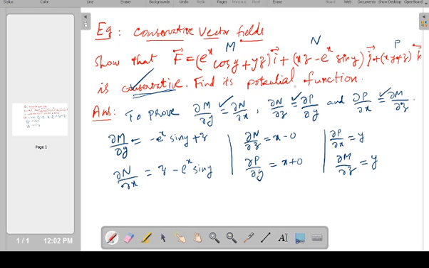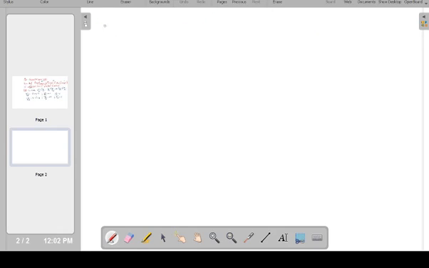Now you have to find a potential function. Potential function means antiderivative, small f, such that capital F is equal to del of small f.